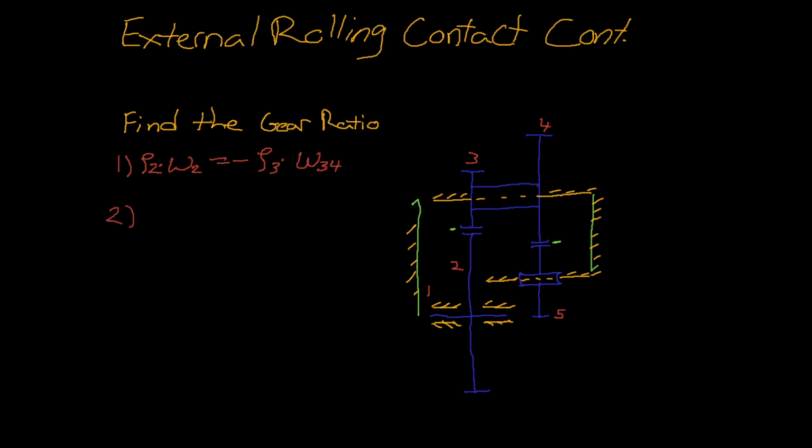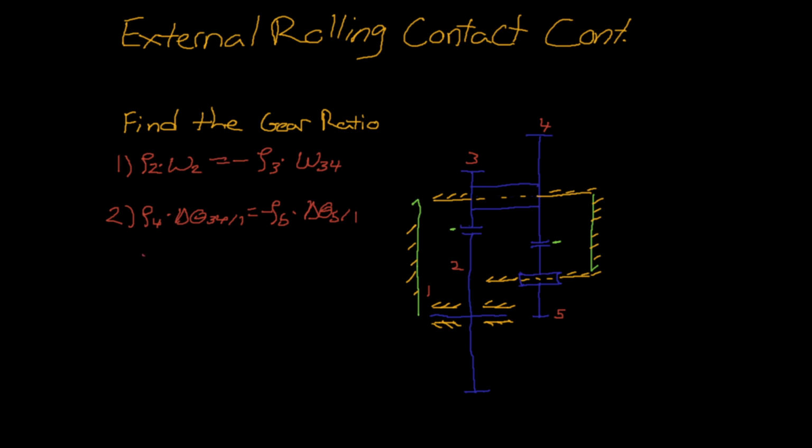Let's make a little bit of space and put equation 2 back up. Equation 2 was ρ4 times delta theta 3, 4 relative to 1 is equal to minus ρ5 times delta theta 5 relative to 1. Since we've already gone through the exercise of expanding equation 1, I'm just going to go ahead and differentiate this equation with respect to time, and you can see how fast this actually goes.